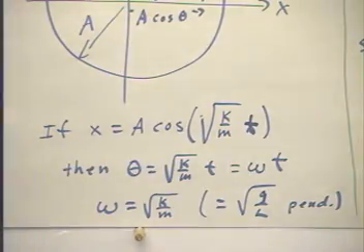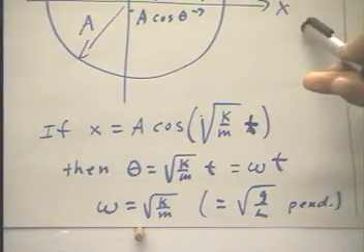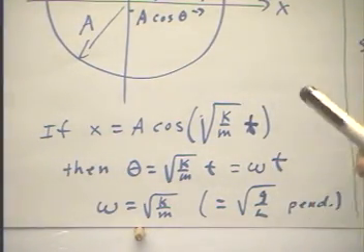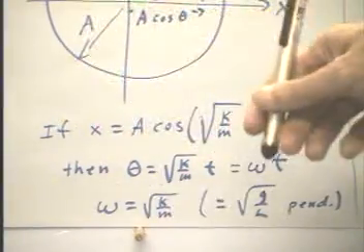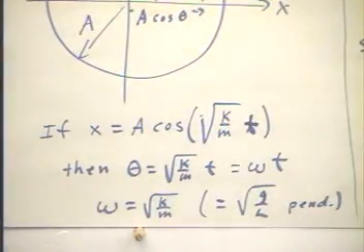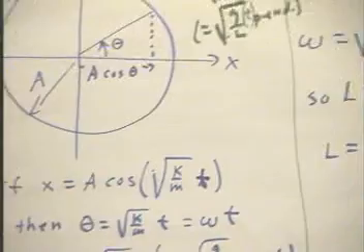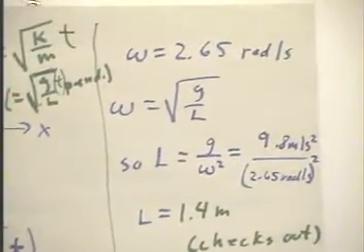Okay, so there's your basic model of simple harmonic motion, especially applicable to a pendulum. And we used the x-coordinate when we talked about the pendulum because the pendulum was moving back and forth, and that's where the x-coordinate usually is, in the horizontal direction, which is the direction of motion of the pendulum.